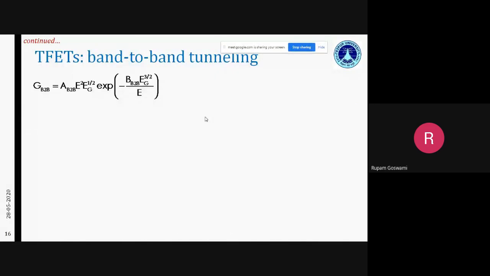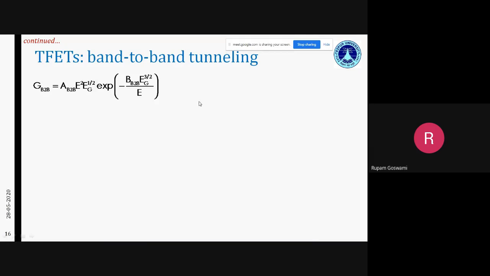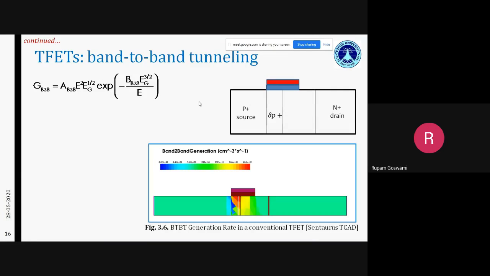Okay, and there is another term which we have been using, the band-to-band tunneling rate. So this is a specific expression for the band-to-band tunneling rate in a TFET. Here you can see on the right hand side, we'll discuss the different parameters. A and B are material constants, and they can vary from one material to another.